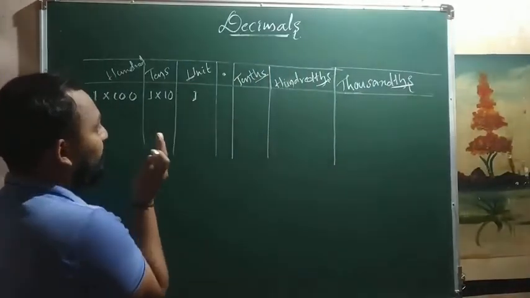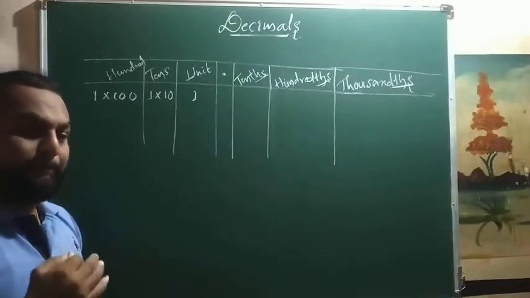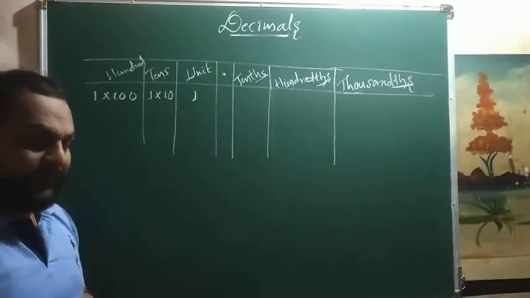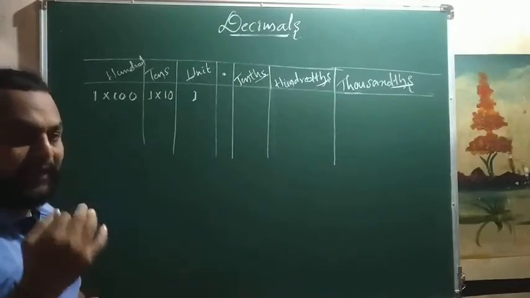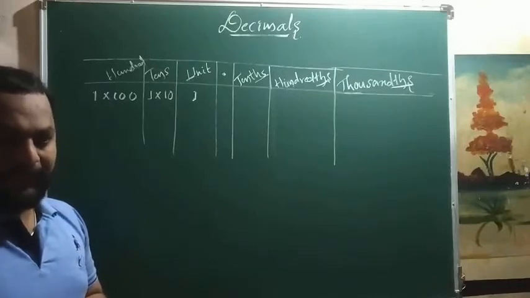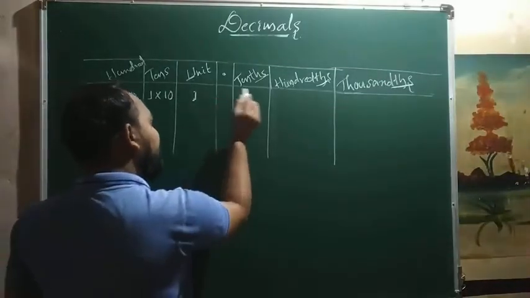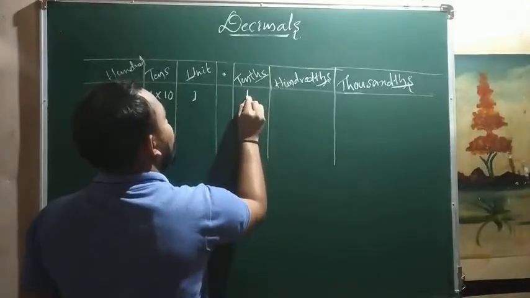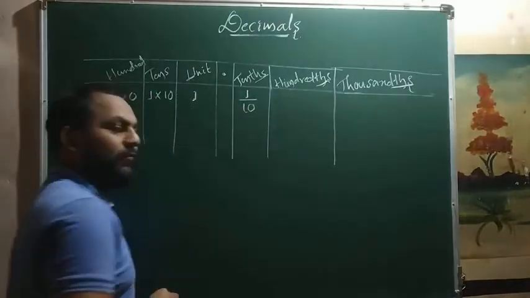In the integral part, the whole number part, we multiply the numbers by 10, 100, 1000, 10,000, lakh, 10 lakh. After the decimal point, we divide the number by 10.